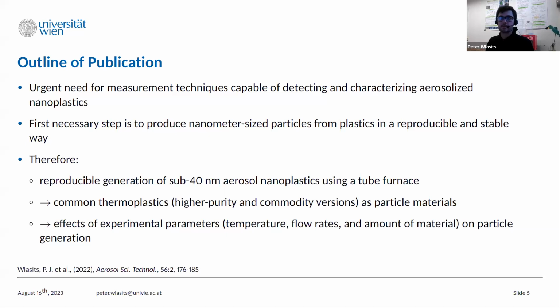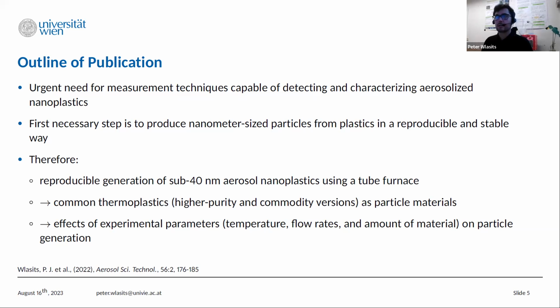The first necessary and logical step is to produce nanometer-sized particles from these materials in a reproducible and stable way, such that there is something like a plastic standard that we can use for instrument development, for example, or for testing if existing instruments are actually capable of detecting these particles.